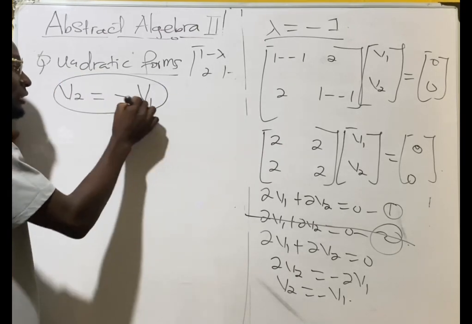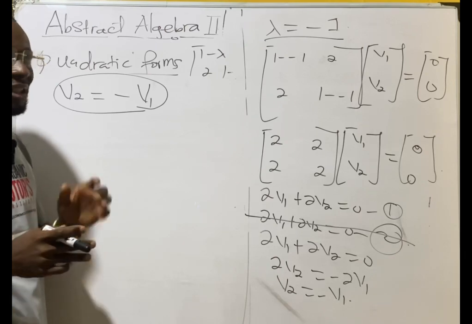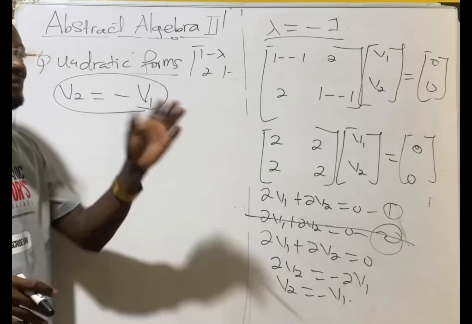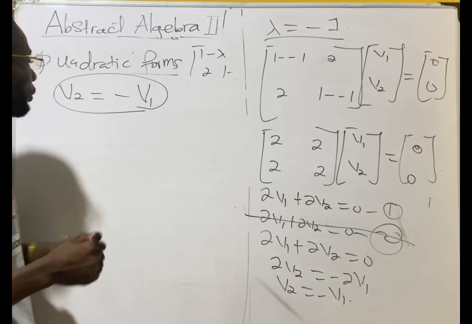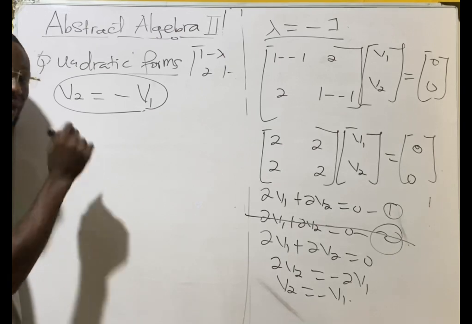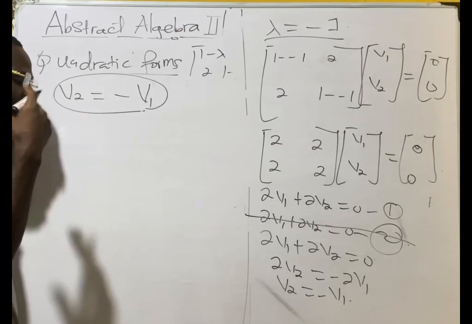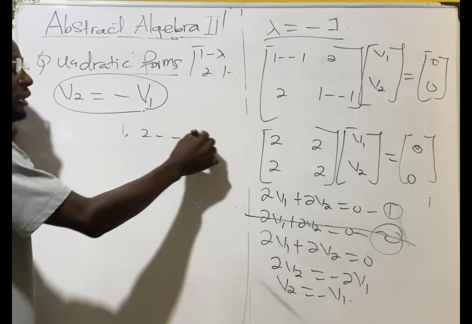Look, we can't just pick any value and say that this is v1, this is v2. You have to be very smart, right? So in the normal sense, we know that we count from 1 to infinity, right?